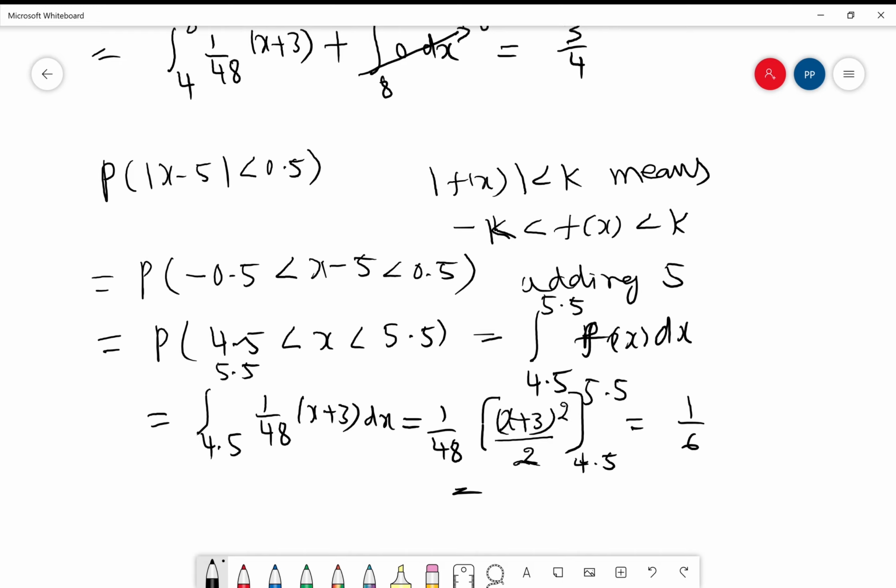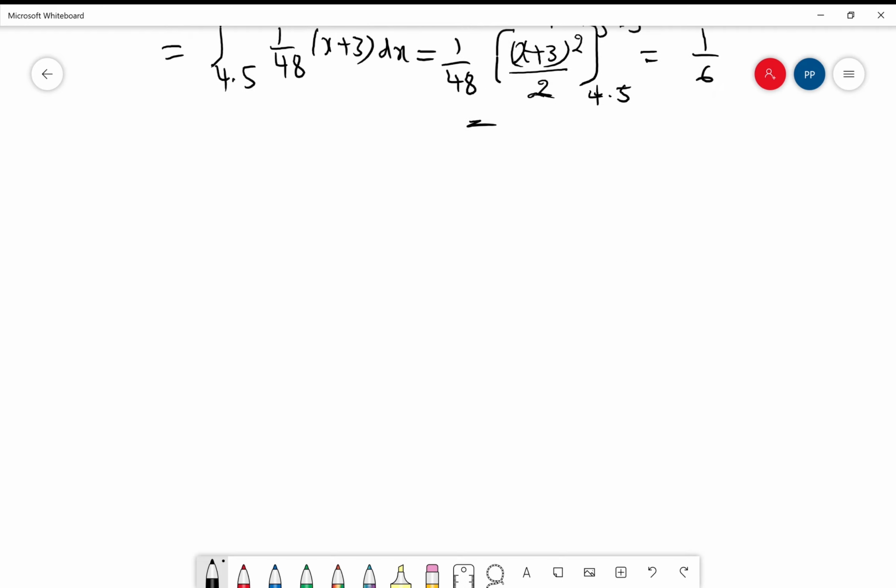Okay. Now, next we consider a slightly different kind of problem where we are finding the CDF by knowing the PDF, and using that CDF we evaluate certain probabilities over certain intervals.